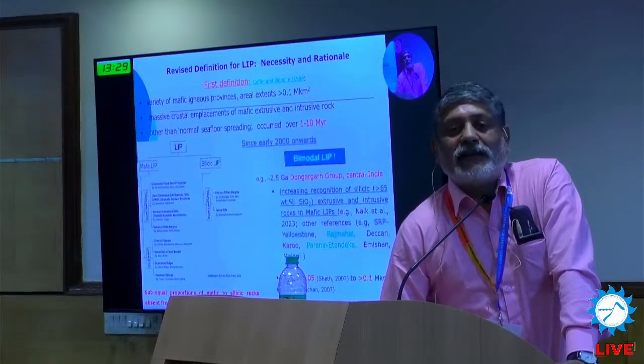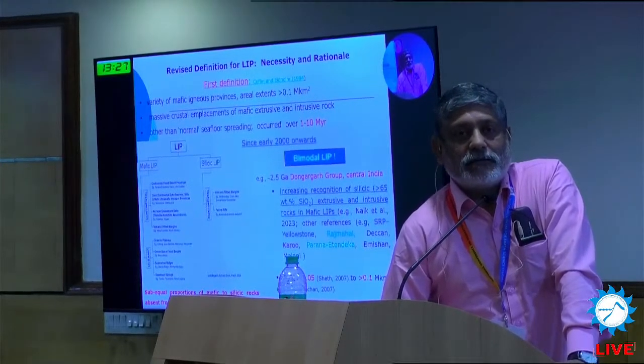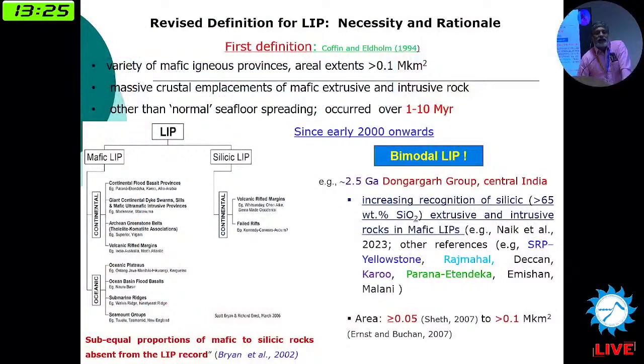Now, slowly we developed the SLIP, silicic LIPs, and at that time the notion was that two rocks cannot stay together in a significant way and in sub-equal proportions in a given province. But bimodal LIPs were identified, and now increasingly more mafic LIPs have a very significant proportion of silicic components.